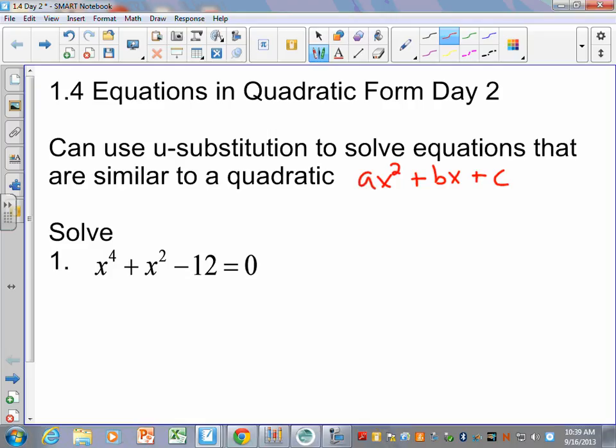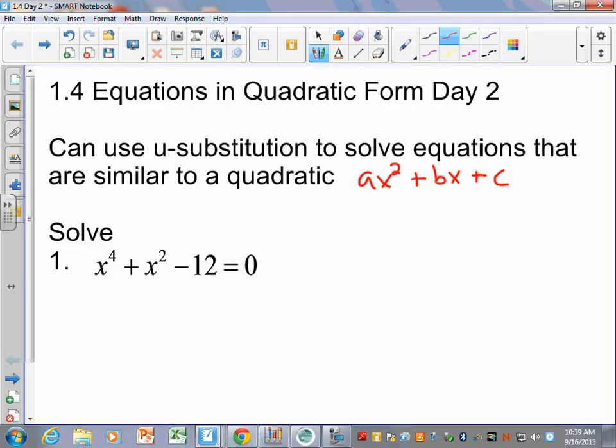The idea is if you can make it look like that, so that you have something squared, and then what's in the middle is not squared, and then a constant at the end, you can do this for other functions like number 1 here. And so the big part is recognizing, can it be put in quadratic form, and then figuring out what your u is.